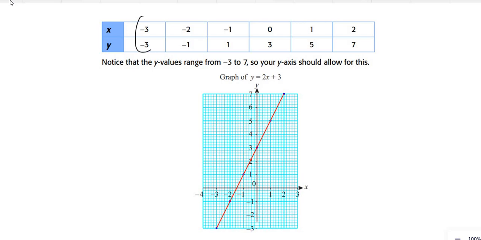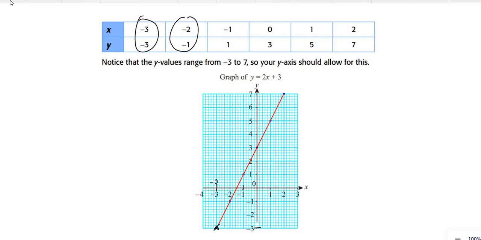Okay, so I will draw the first point, -3, -3. So here is -3 in x, -3 in y, then here is my first point.